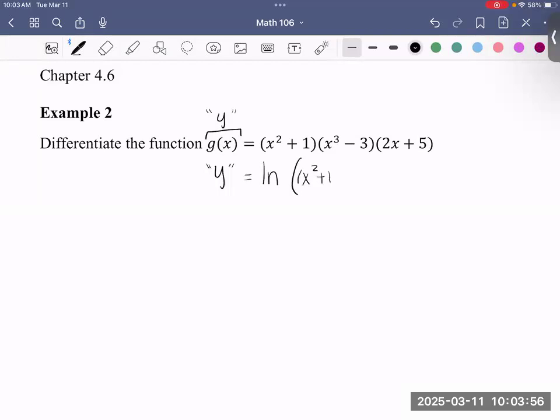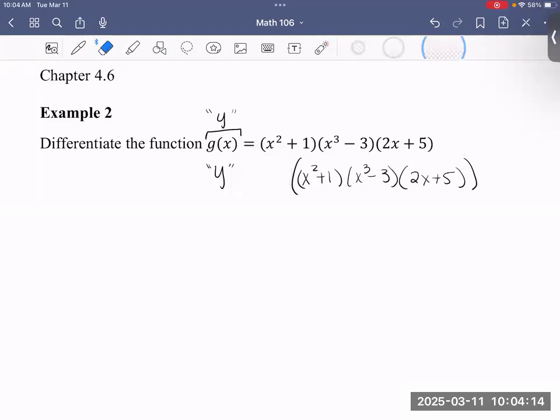Because so far this is what we had learned from our previous example. Our previous example had an ln. This one doesn't, which just means that let's say we take the ln of both sides.